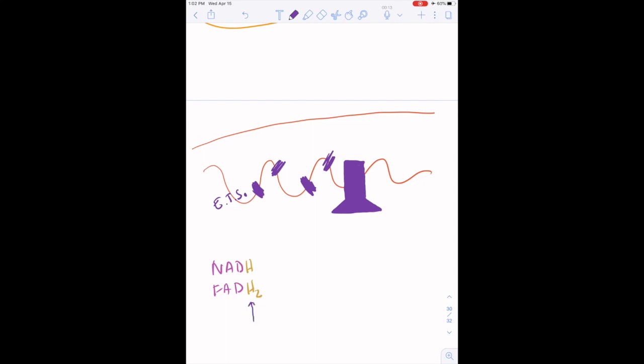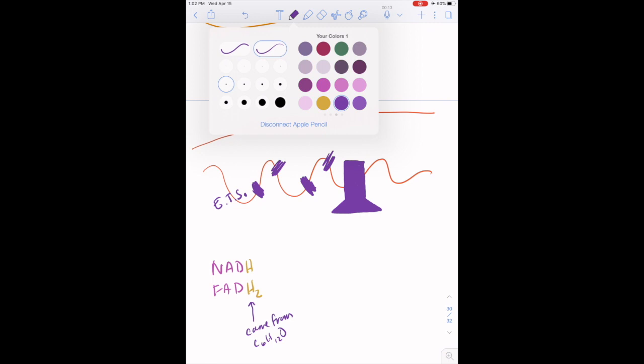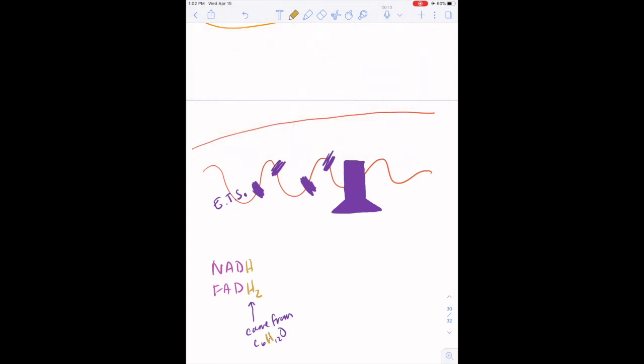Now, remember that these hydrogens came from glucose, C6H12O6. Here, let me even color code like that. Remember, NAD plus and FAD took these hydrogens little by little, one by one, out of glucose, and they bring them into the mitochondria.